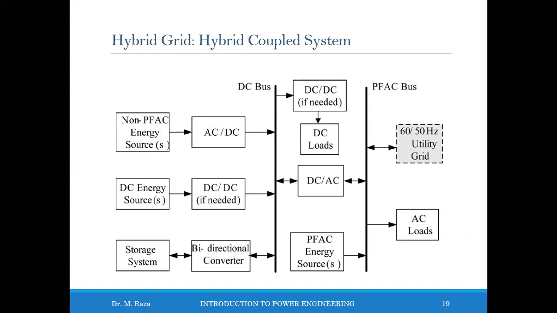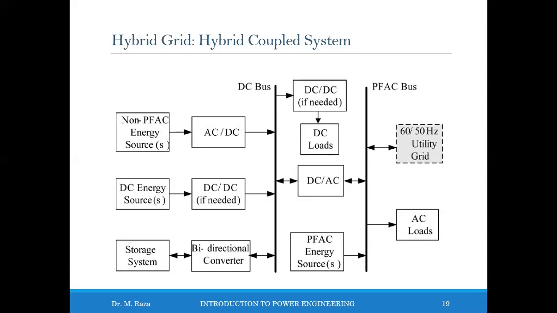In this configuration, some energy sources can be integrated directly without extra interfacing circuit. As a result, the system can have higher energy efficiency and reduced cost. On the other hand, control and energy management might be more complicated than for the DC and AC coupled scheme.